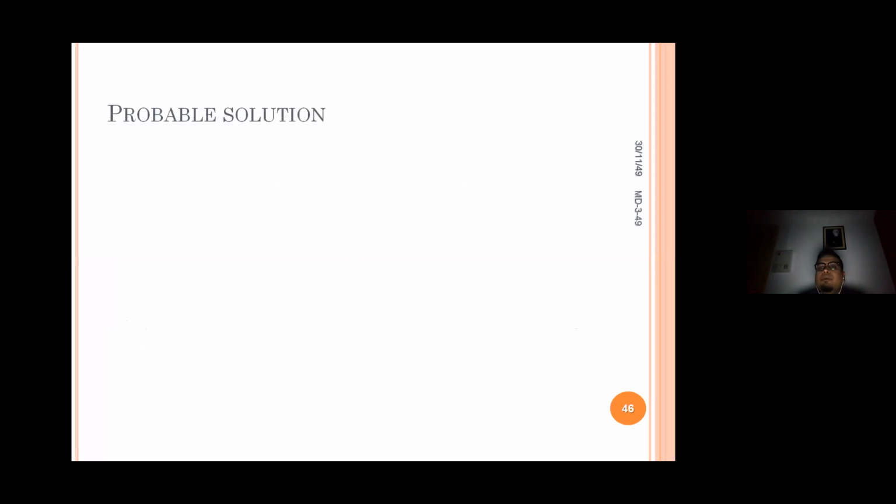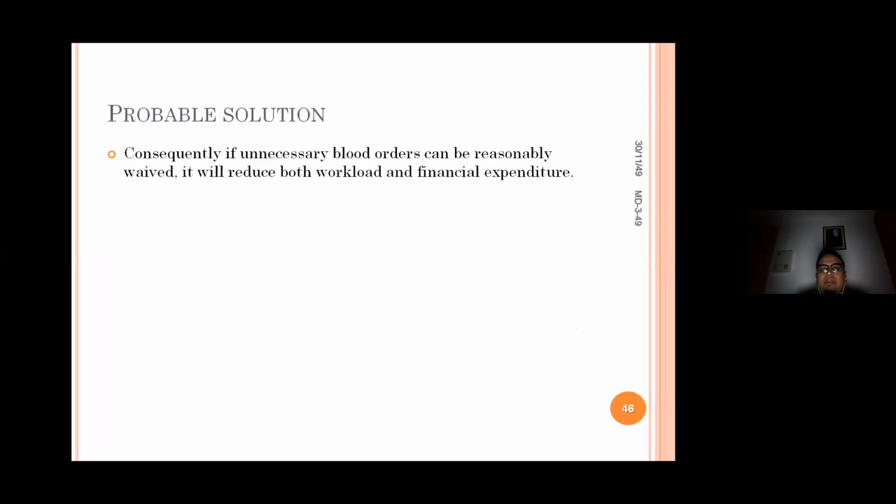So how do we go about solving this problem? If unnecessary blood orders can be reasonably cut down, it will reduce both workload and financial expenditure. We would want these unnecessary blood orders to be cut down. For that, we need a review of the surgical blood ordering practice.